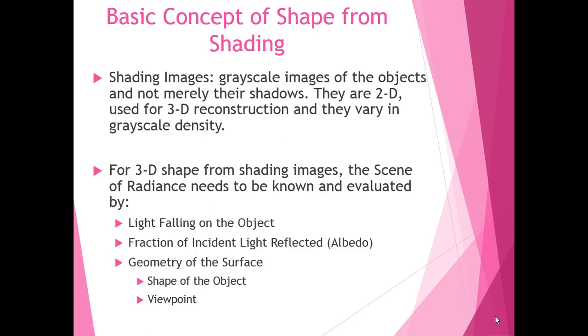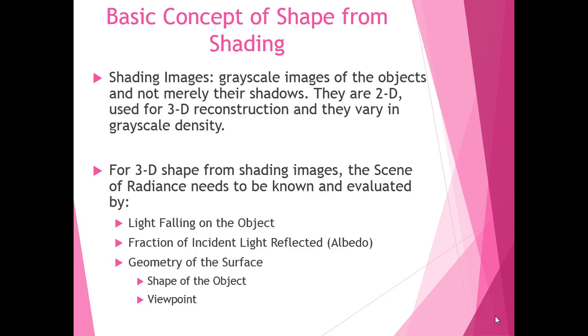Now for the determination of the three-dimensional shape from the shading images, the knowledge of the scene of radiance is required. The scene of radiance can be evaluated by three factors. First is the light falling on the object. Second is the fraction of the incident light that is reflected from the surface of the object.